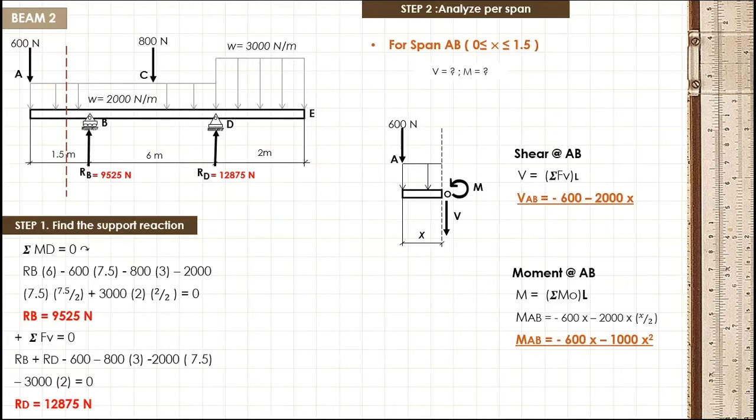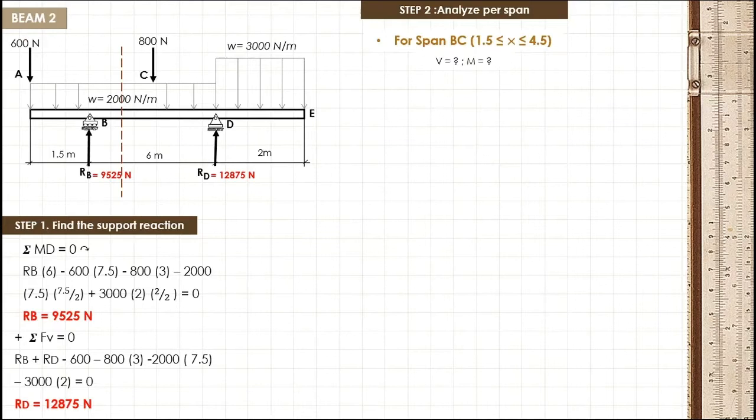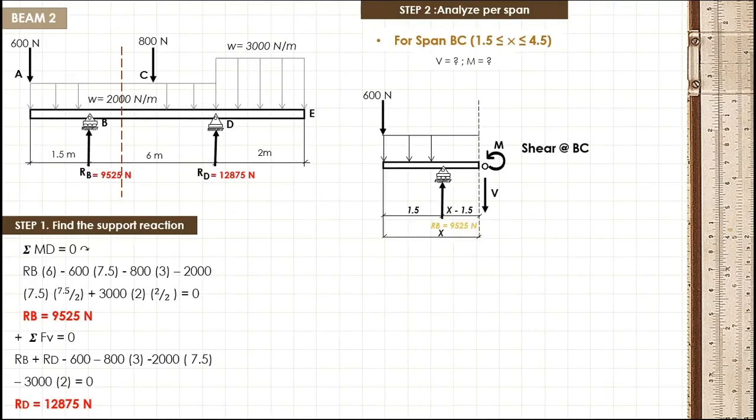After that, we can now move our section plane between span B and C. By doing so, we can now formulate an equation for shear and moment of span BC. Let us now analyze span BC. Due to imbalance, the fibers in our beam will have resisting shear and moment.